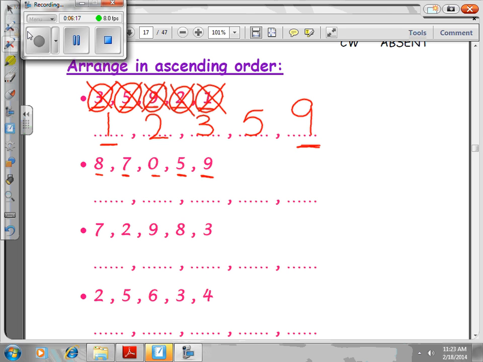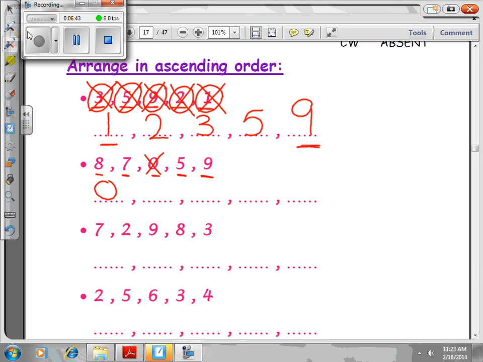Now we will ask ourselves, what is the smallest number here? Is it 8 or 7 or 0 or 5 or 9? Yes, the smallest number here is number 0. So I'll write down 0 and cross 0.